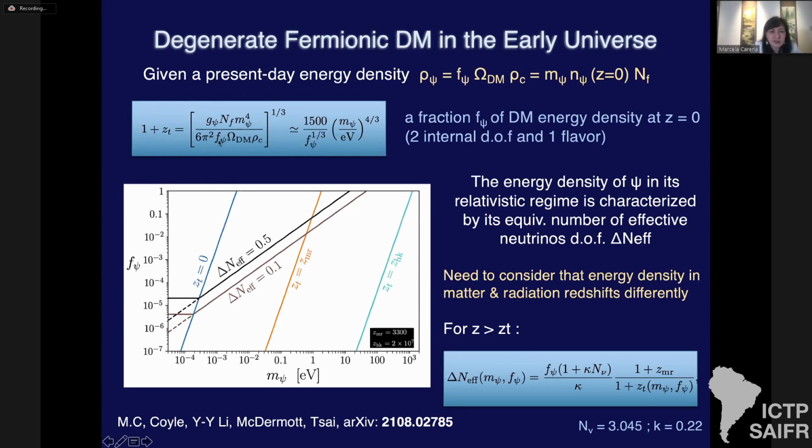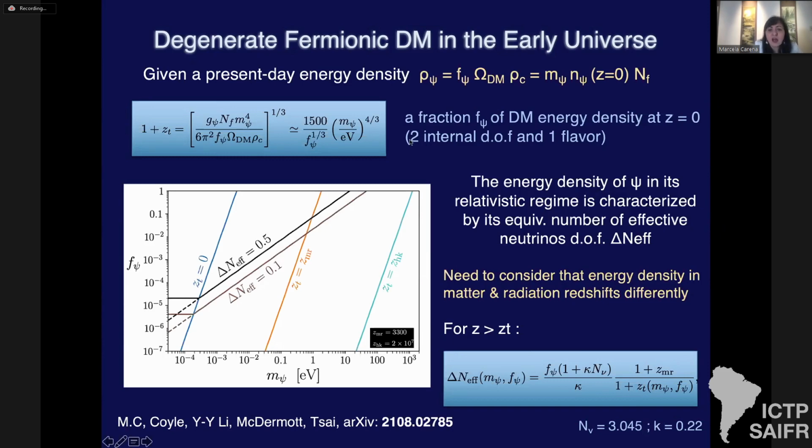So we can do this calculation, and this is the result I have here. Sorry, you cannot see it there, but this is the paper where all these calculations are done very carefully, if you want to read more about it.